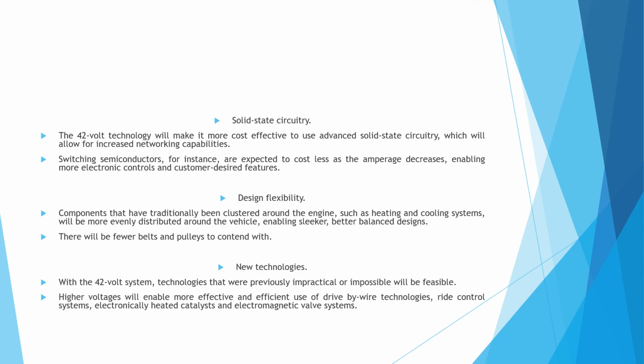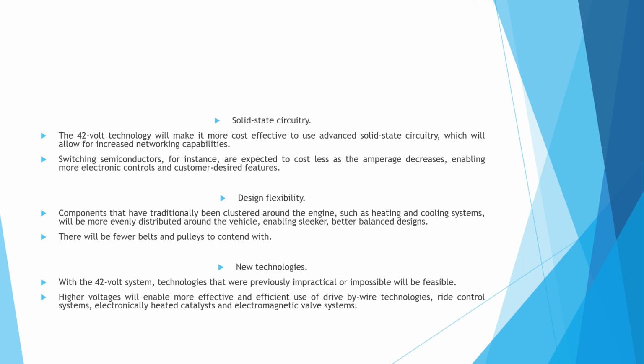Next is design flexibility. Components that have traditionally been clustered around the engine, such as heating and cooling system, will be more evenly distributed around the vehicle, enabling sleeker, better balanced design. And there will be fewer belts and pulleys to contend with.